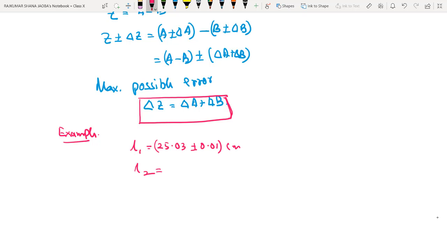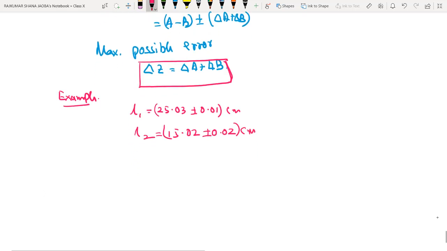Say L2 equal to 15.02 plus minus 0.02 centimeter. And there are two rods. One of the length is L1 and another is L2. So this is L2 and this is L1.